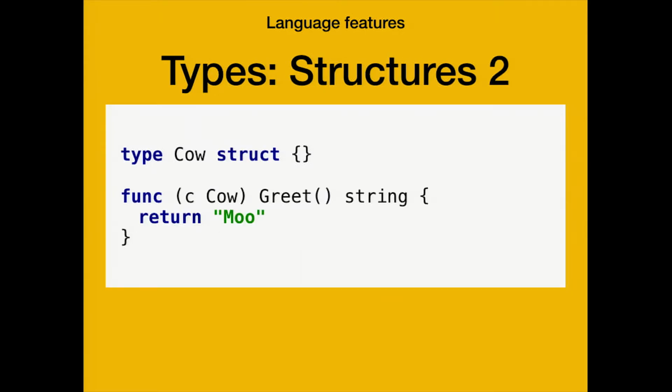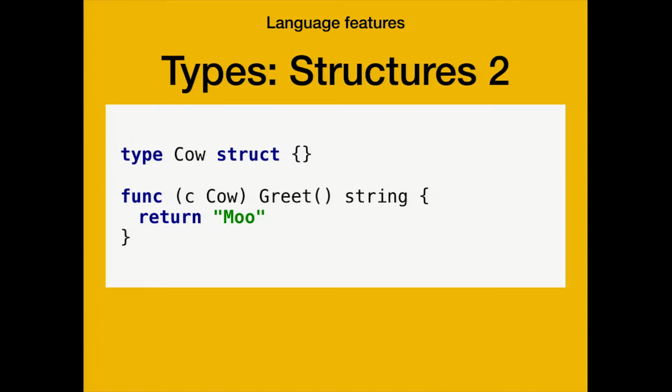You can make cows in Golang, and I make a cow as an example. If a cow greets, it returns moo, because that's what cows do. I want to show you that you can extend data structures with certain behavior.